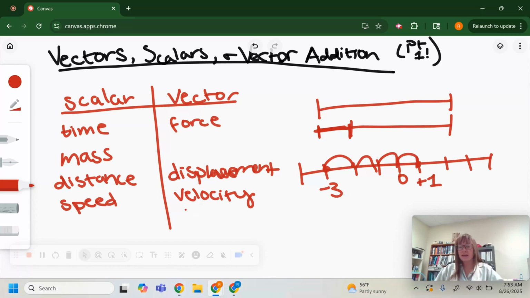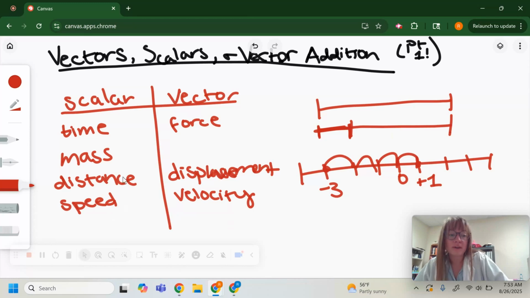So if I said that I was going 40 miles an hour, that would be my speed. If I said I was going 40 miles an hour north on Kipling, then that would be my velocity. So speed does not account for direction, velocity does.